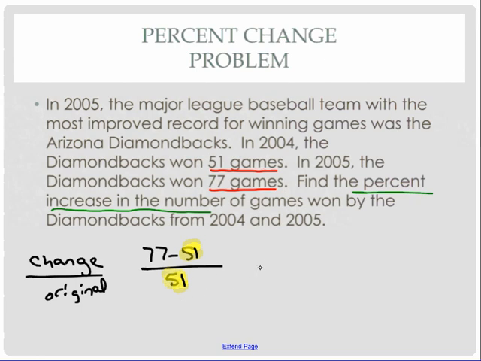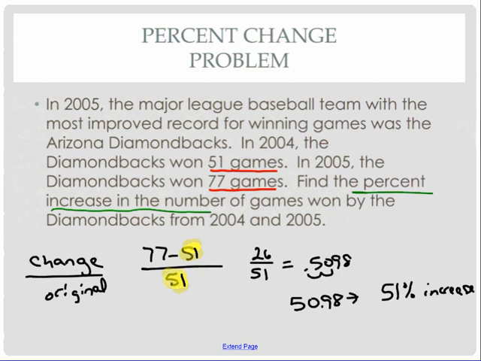So when you do this, you're going to come out with 26 out of 51. That is about 0.5098. Then remember, to change that to a percent, we're going to move this over 2 places. So this becomes 50.98, which, you know what, that's about 51% increase.